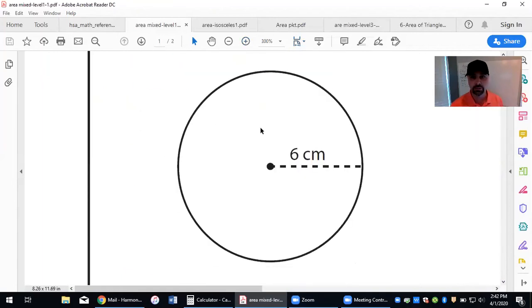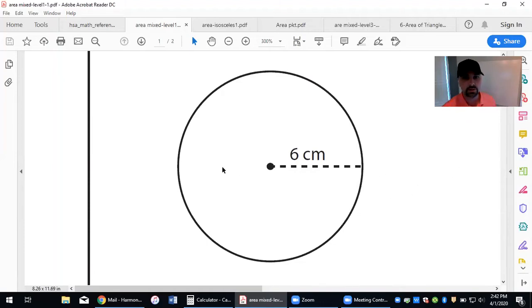It's a circle. So remember, when we're talking about a circle, the formula for area of a circle is pi times the radius squared. And so you have to know what the radius of a circle is. Radius of a circle is what we actually see here in this picture. Goes from the center to the edge of the circle.